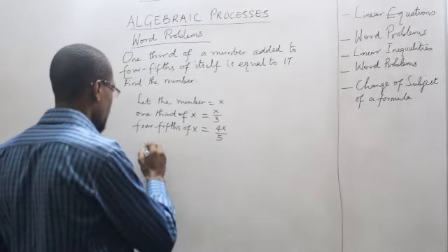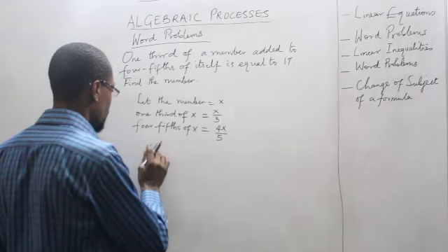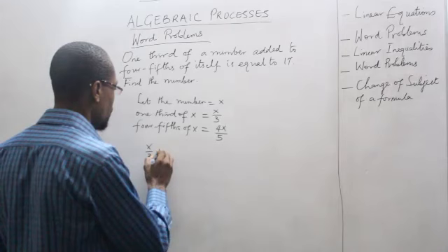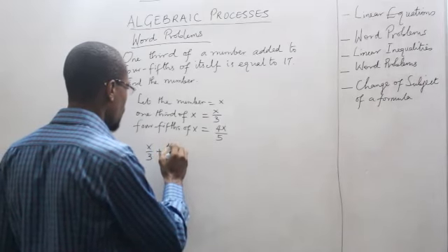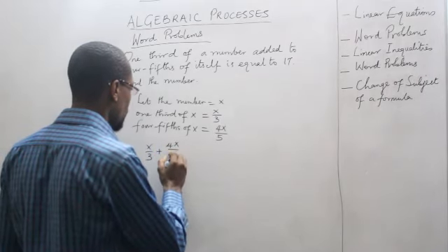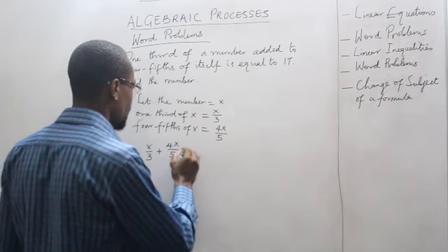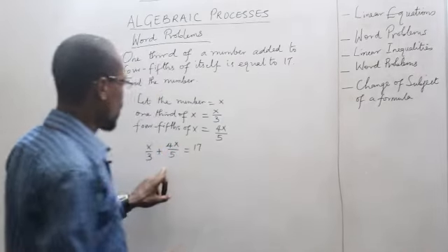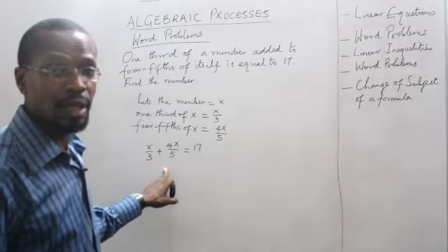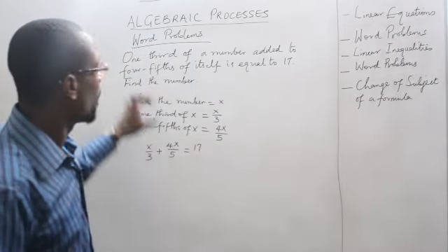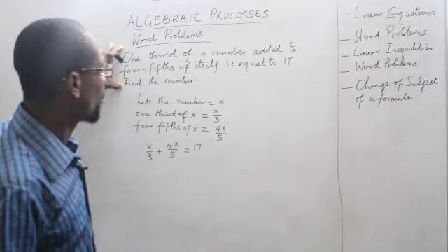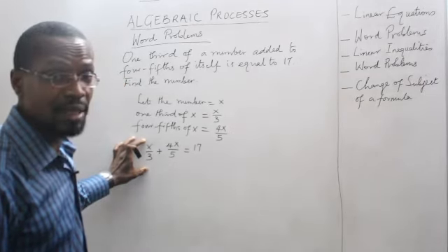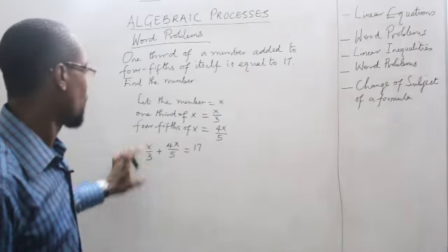So we say x over 3 plus 4x over 5 equals 17. Now this becomes our equation, our mathematical equation. This is a statement, or word problem, and we have been able to reduce it to a mathematical equation.